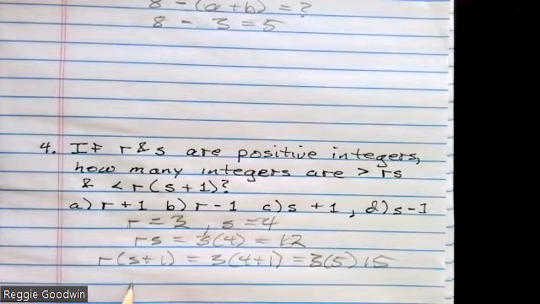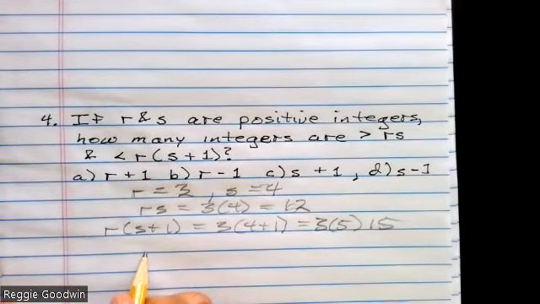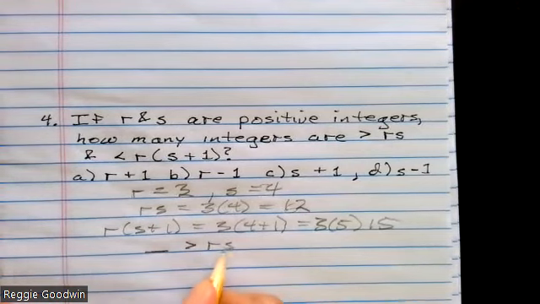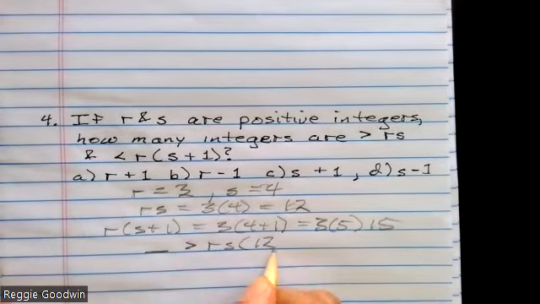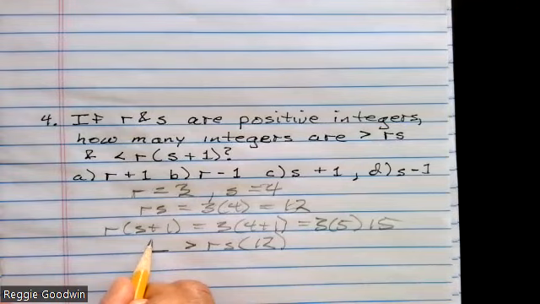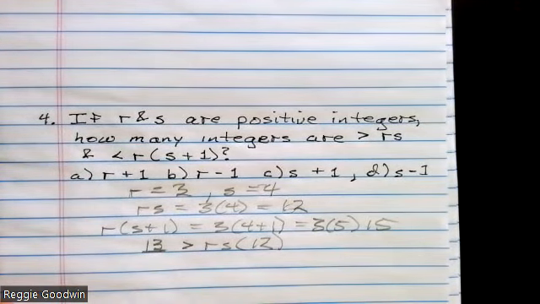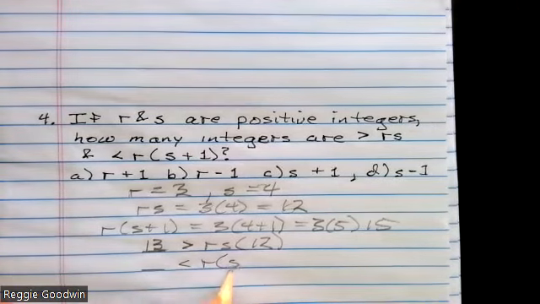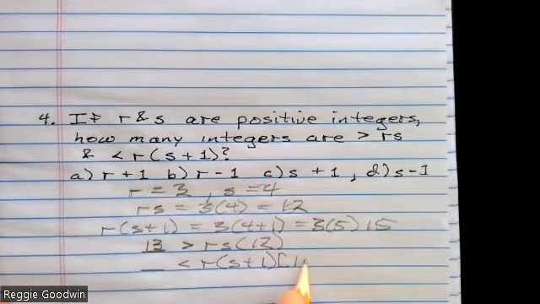Now, what number is greater than the product of rs, which is 12? Well, that number is 13. And what number is less than the product of r times s plus 1, which of course we know is 15?